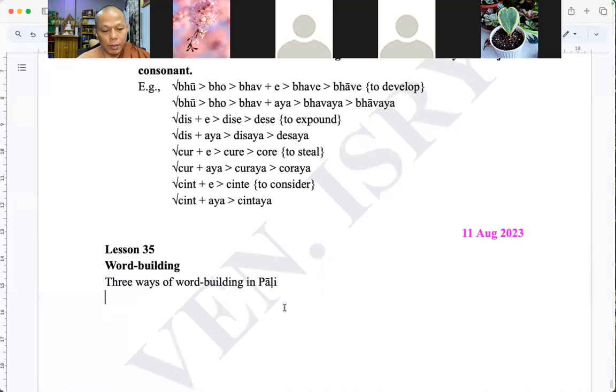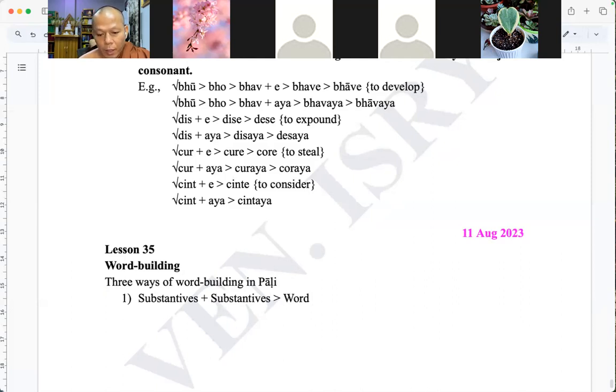The first one is conjoining substantives. Substantive means all of the declinable words, or all of the noun forms. A substantive with another substantive creates another noun, another word.